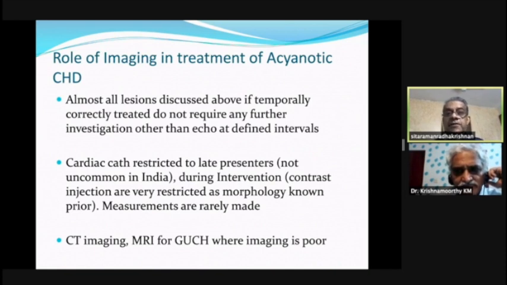Let me give you various permutations and combinations. A child comes to you with a large VSD and a small PDA. Would you close that PDA with a device? No, you will not. Because for the large VSD, the patient has to go for surgery. And of course, the surgeon would be equally capable of closing the PDA also.